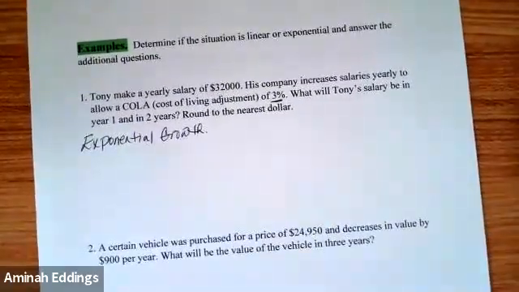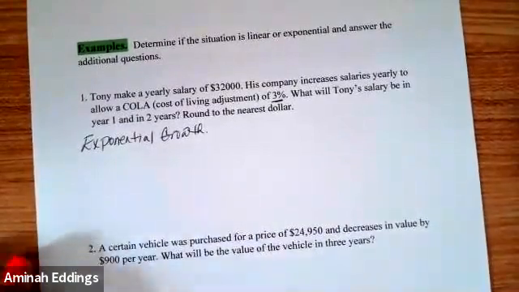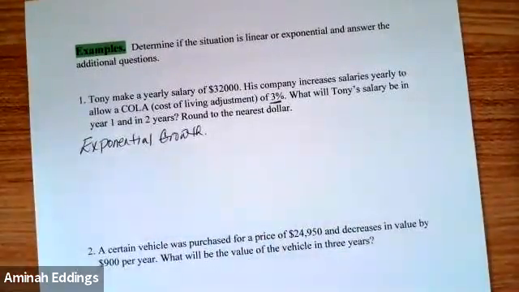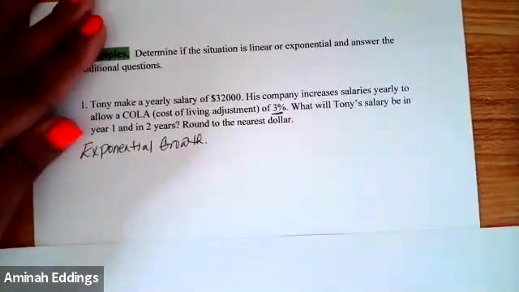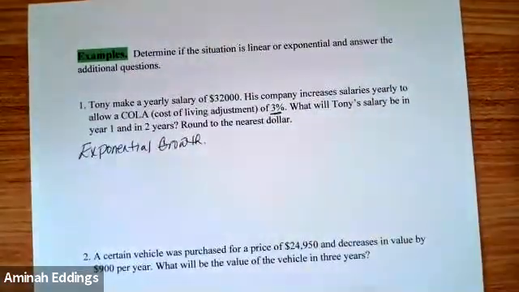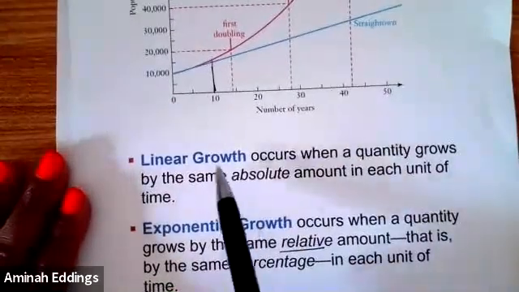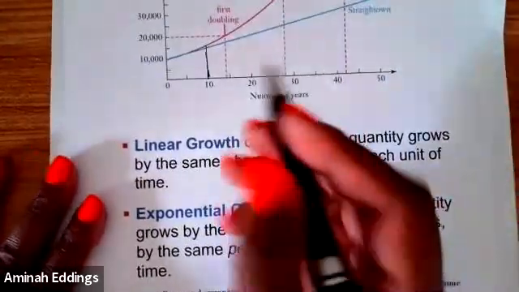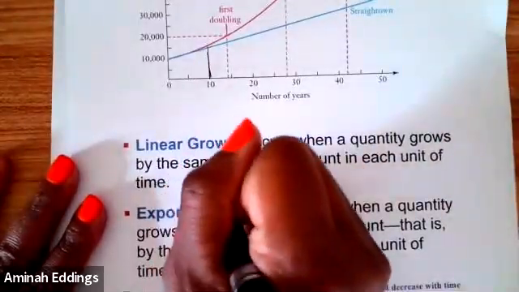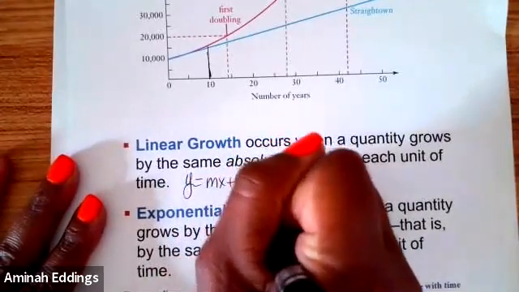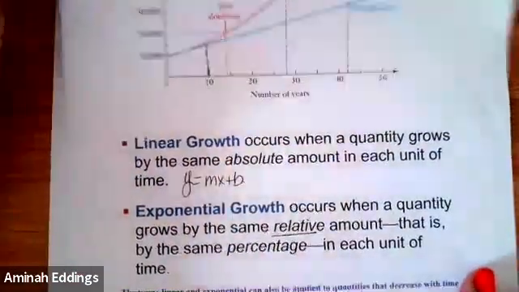Now, there was something that I neglected to go over with you. So let's take a step back. So here, when we talked about linear and exponential growth, your form for linear growth is going to be y is equal to mx plus b, okay?